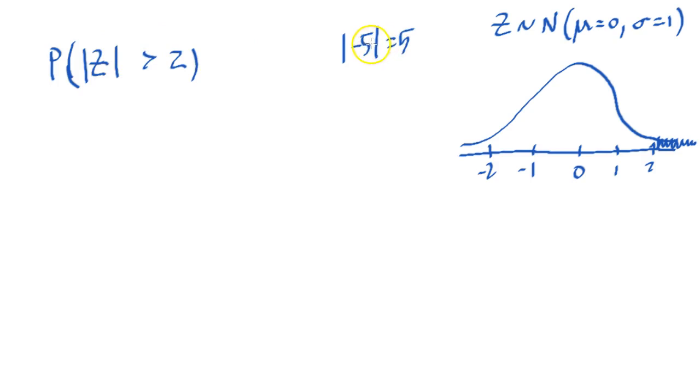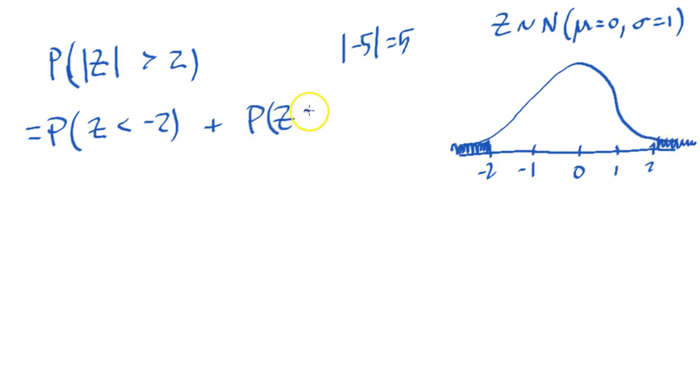So all the way in the negative 5 direction will also be shaded, and everything to the left of negative 2 will be shaded. That's what we're trying to find the probability of. This means the probability that Z is less than negative 2, plus the probability that Z is greater than 2.